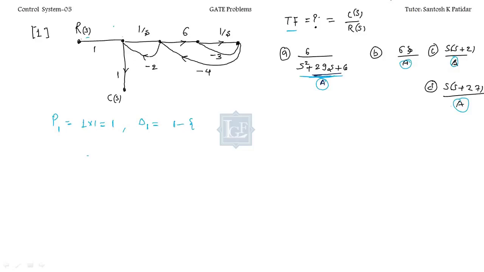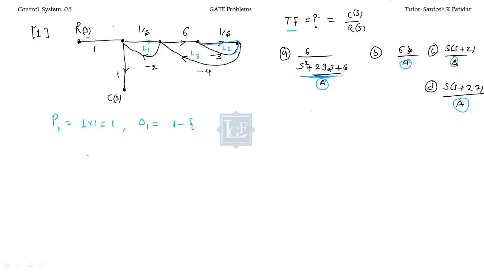So this is the path. This is a loop, but this loop L1 is touching this. We have L2 also and L3 also. So we have three individual loops: one over here, two, and this entire big one. Okay, this one is also a loop. So we have three loops.